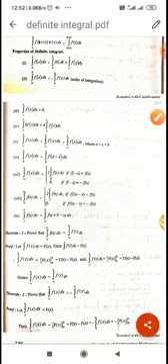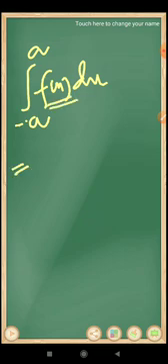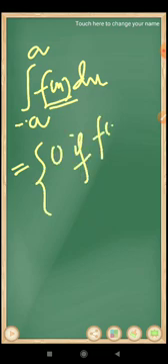So we are coming to the point: if the integration is from minus a to a of f of x dx, and the function is odd, then the answer will be 0.